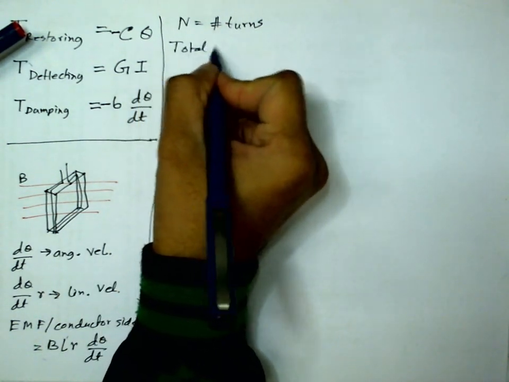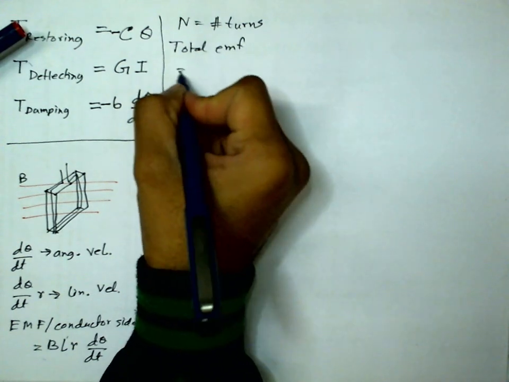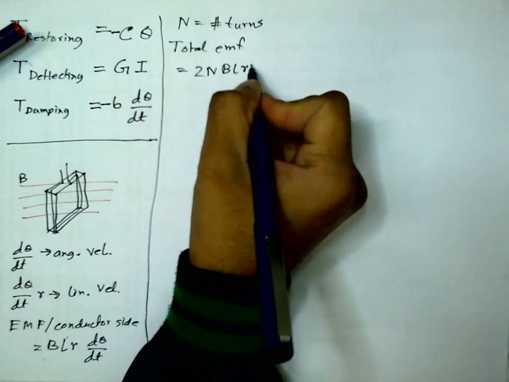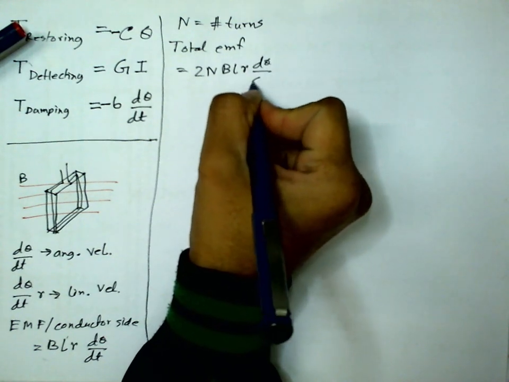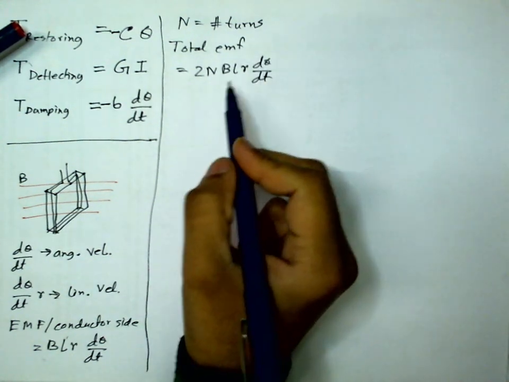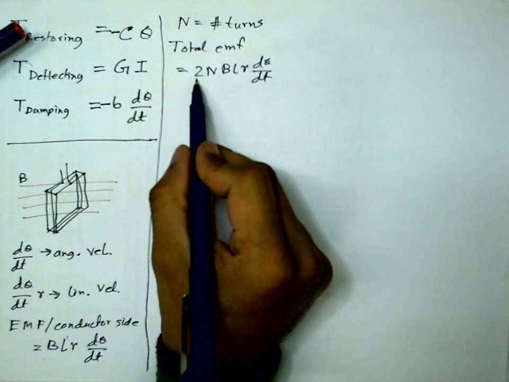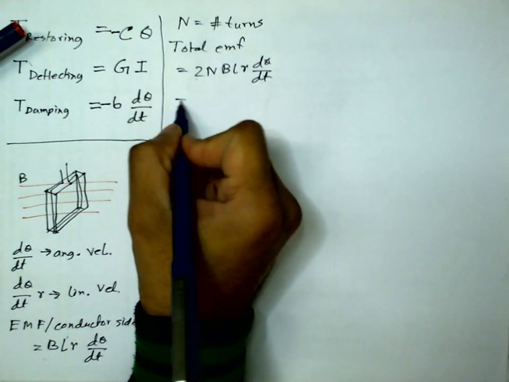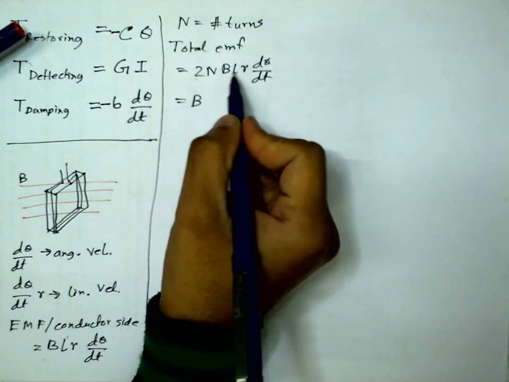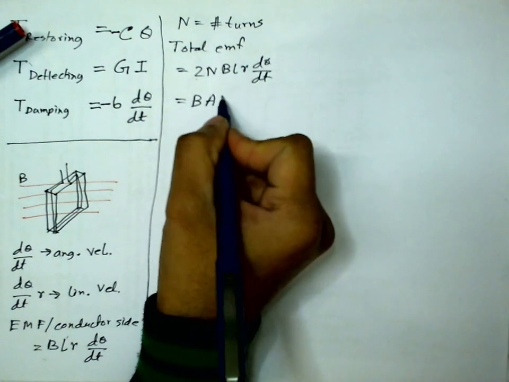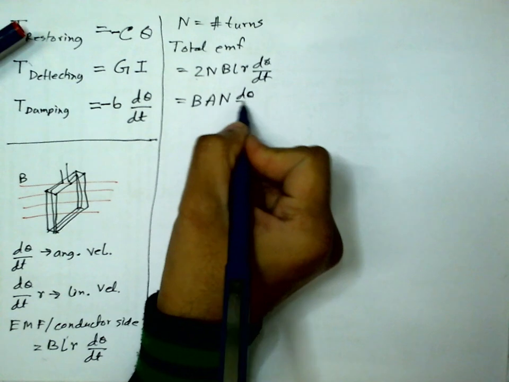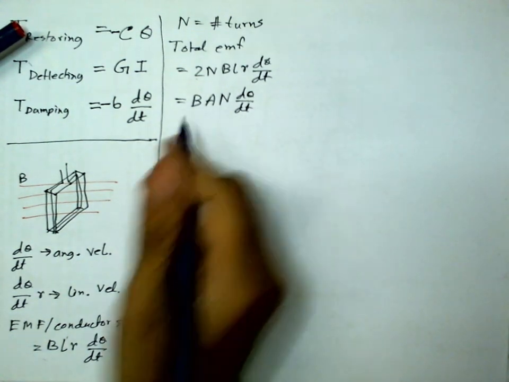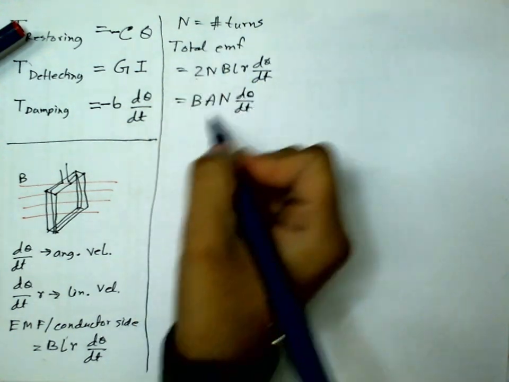So total EMF will be 2N multiplied by BLR d theta dt. Now 2LR together is the area of this coil. So I can write this as B, 2LR becomes the area, times N times d theta dt. And so this is the total EMF.